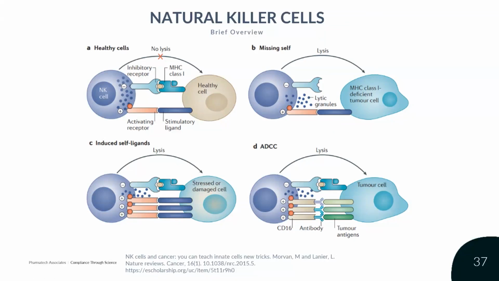So people have been using induced pluripotent stem cells, giving them the right signals to form them into NK cells, and even conjugating certain NK cells with TCR receptors or CAR-like receptors to make them highly targeted, focused homing missiles.